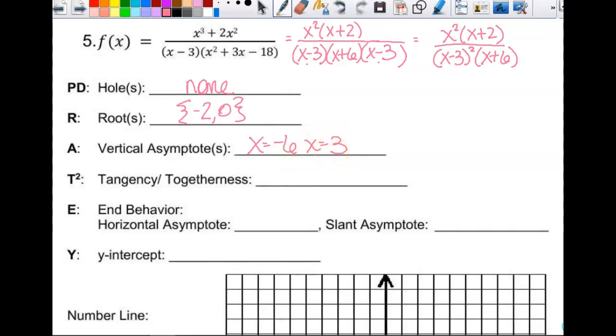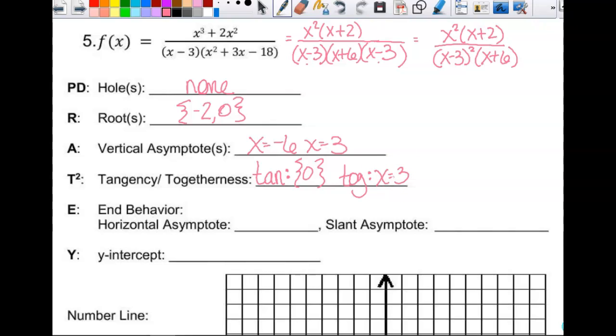Do I have any tangency or togetherness? I have both, right? I have tangency where? It's on the numerator, so it's this 0, which happens to be 0. So I have tangency, that's at a point, and it's at the root that is 0. I have togetherness. The togetherness goes with an asymptote, and that's going to be at x equals 3.